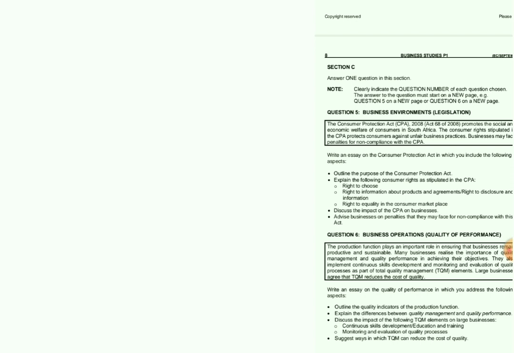Consumer Protection Act, right to choose, quality of business operation, quality performance, the differences between quality management and quality performance. TQM is the easiest one. If you want to pick the Consumer Protection Act, you can pick it, but TQM is the easiest one for me. I don't know about you, but for me TQM is the easiest one.